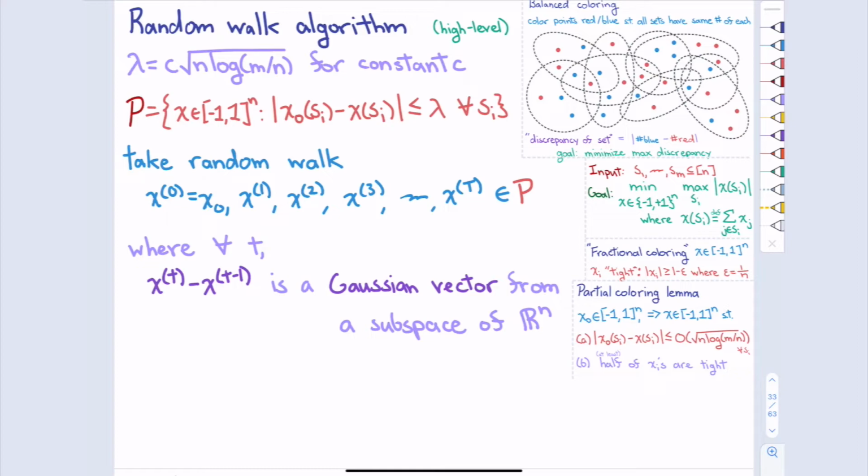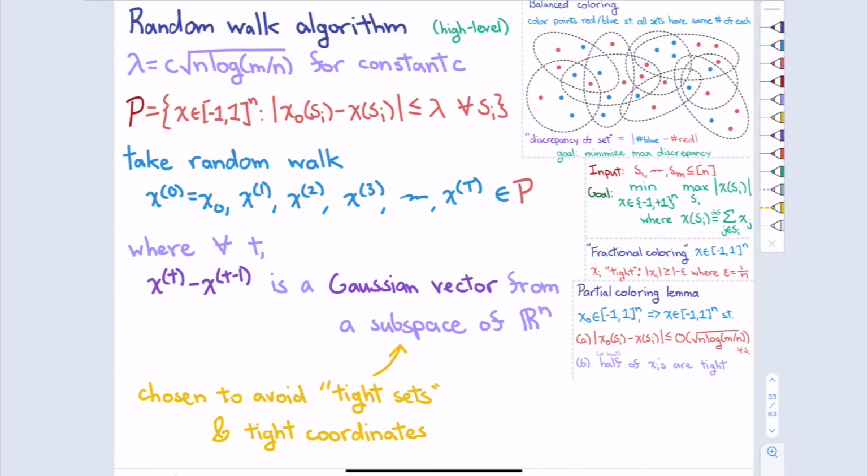That subspace we choose based on looking at where we are and figuring out what the dangerous directions are that we want to avoid, and then sticking to a subspace that's relatively safe. Okay, that's the high-level idea of the algorithm.